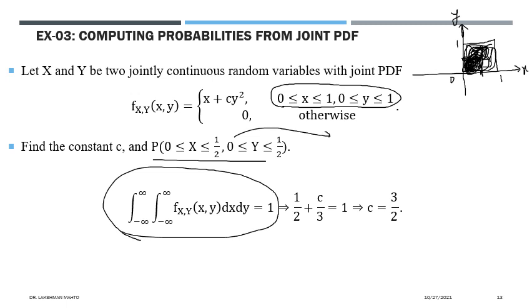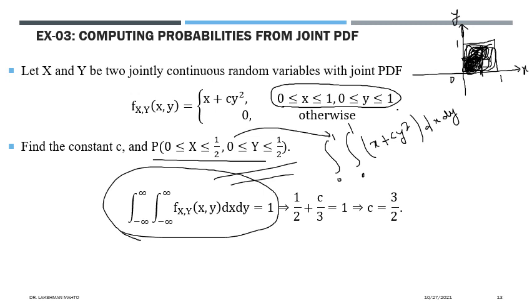So that's where this integral would be converted into 0 to 1, 0 to 1, integration of x plus c times y square dx dy. Here you don't need to apply a change of variable concept, because the function is very nice and separated.